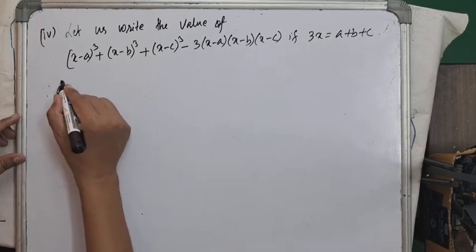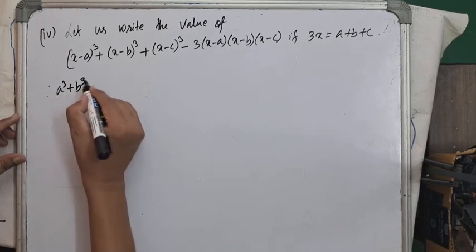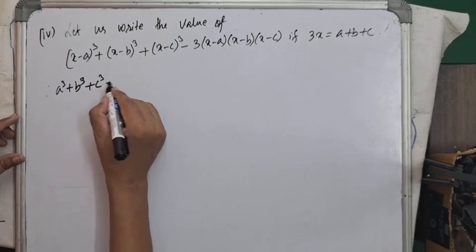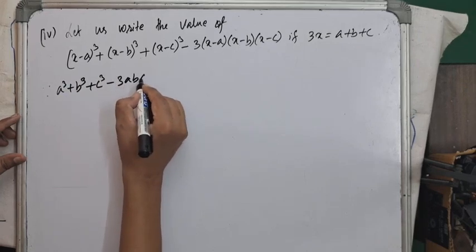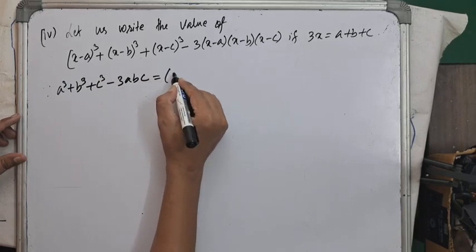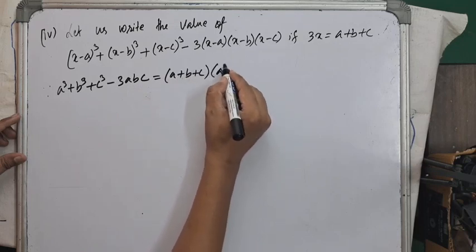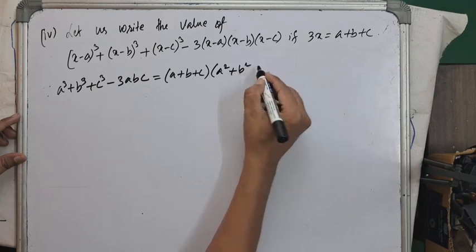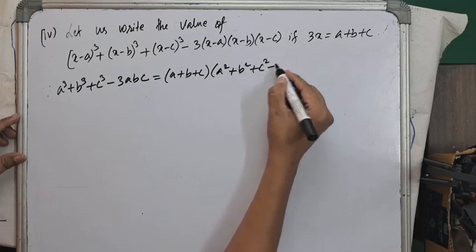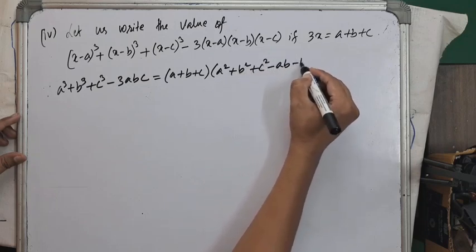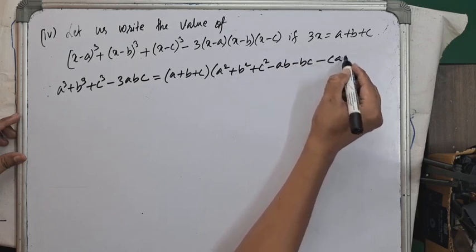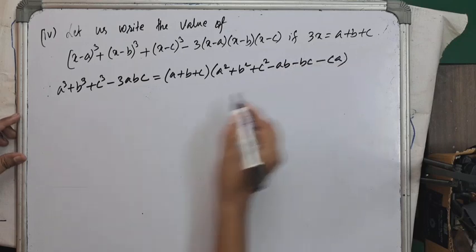a cube plus b cube plus c cube minus 3abc equals a plus b plus c into a square plus b square plus c square minus ab minus bc minus ca. This is the formula.